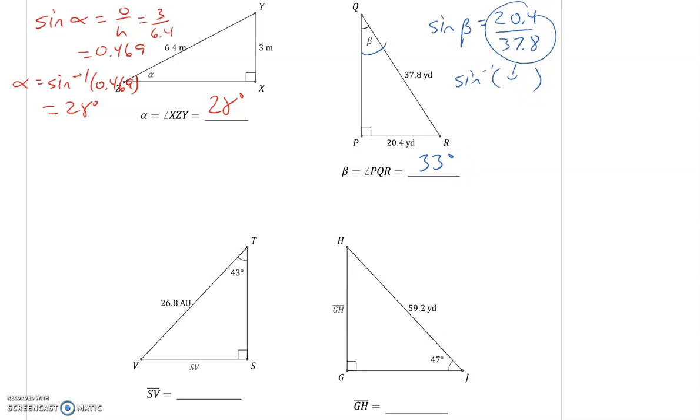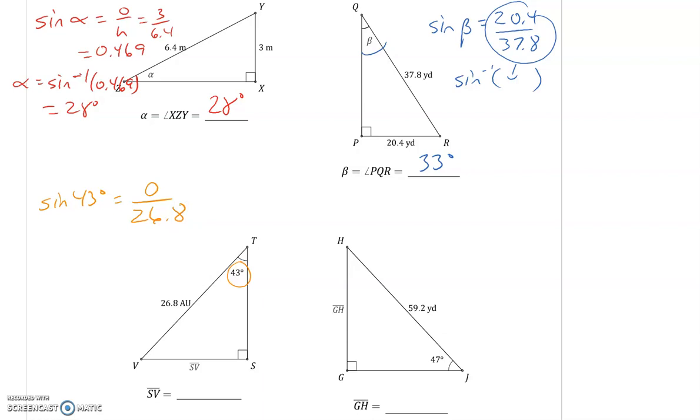Next one. We're looking for that one side. I've got the 43 up here. So the sine of 43 degrees is going to be the opposite, which is the SV, divided by the hypotenuse, which is the 26.8. So this is a good cross-multiplying one.